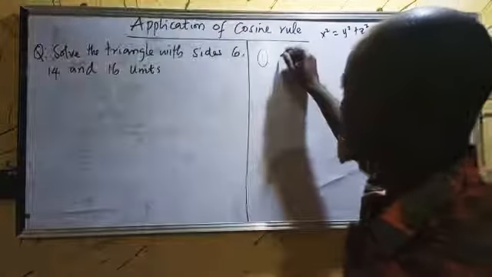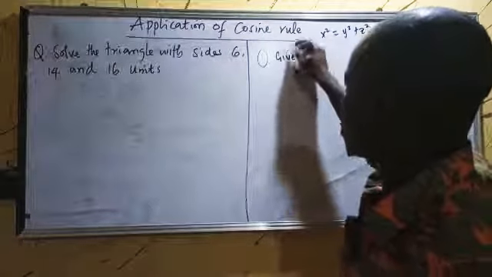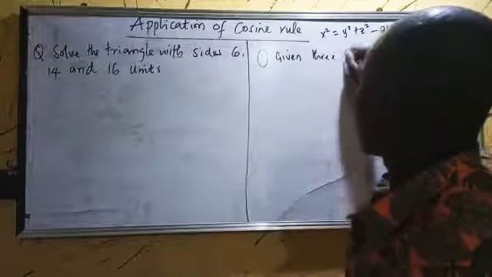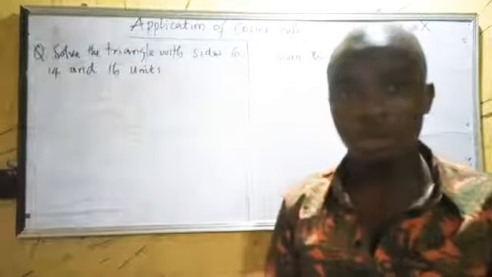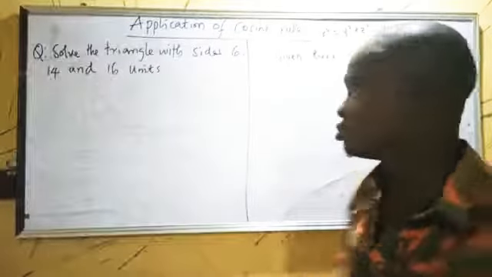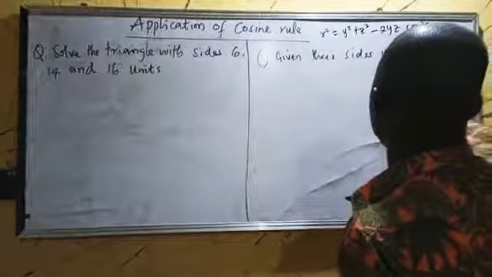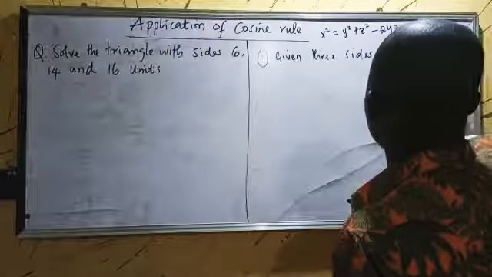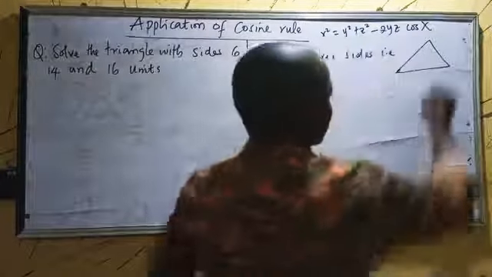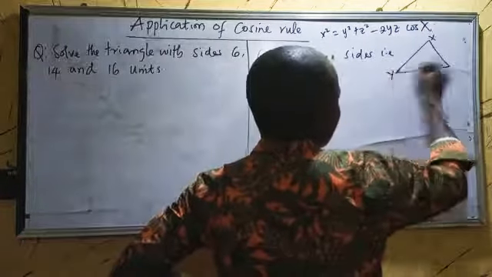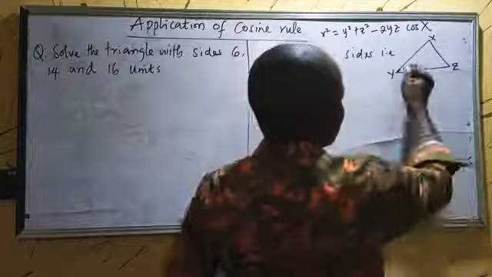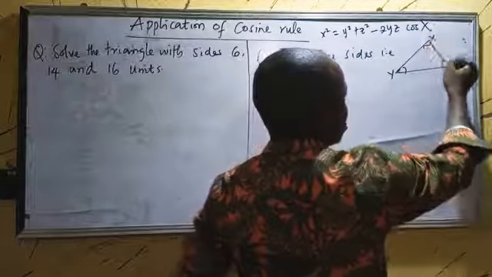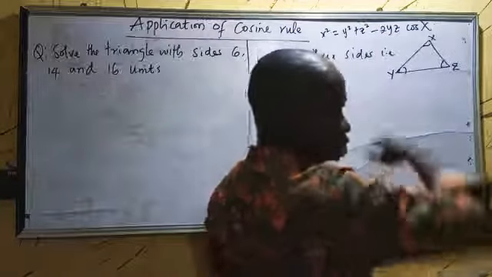So when are we to use cosine rule? The first is when the three sides are given. That is, if we have the three sides of the given triangle to be known. Let's say I have a rough sketch of the triangle here. We have x, we have y, and we have z. These are the angles, understand? The sides are the boundary.